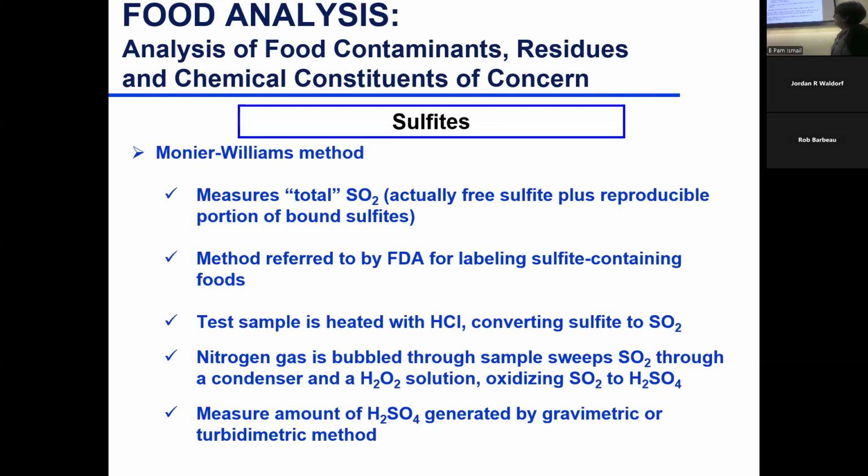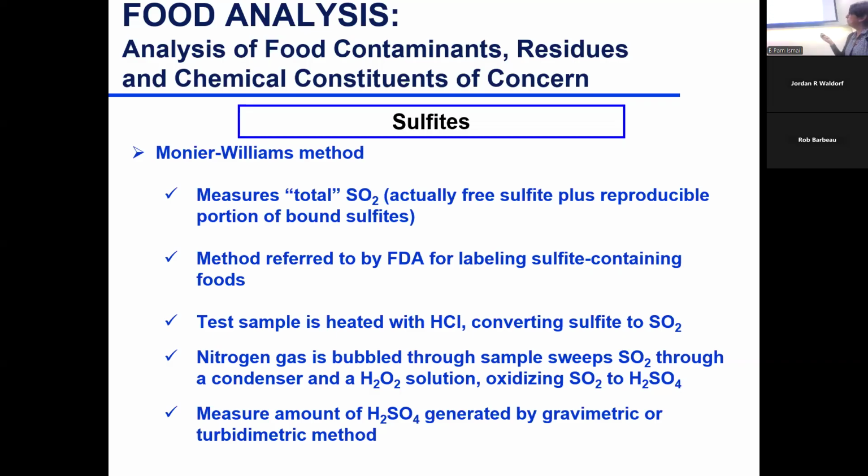So it is based on heating it with an acid, converting all possible sulfites to SO2. And then the SO2 is oxidized to produce H2SO4, and then you weigh it. Well, either weigh it gravimetrically or you can measure turbidity. And that's what I want you to remember.